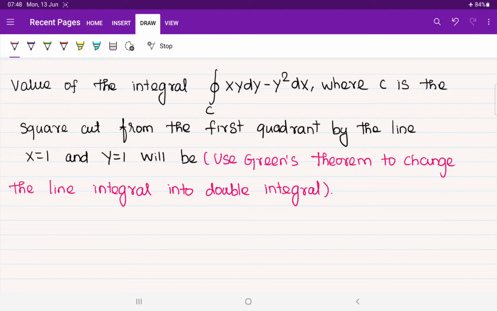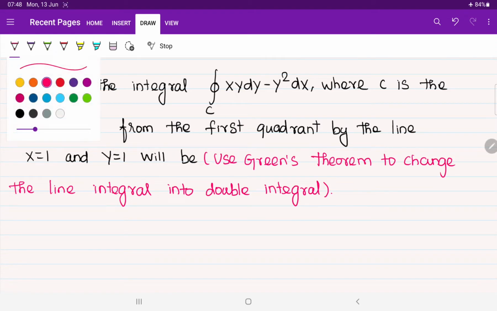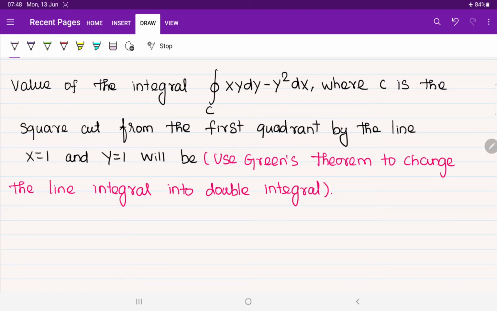Now if you observe the first question here, the given question is the value of the closed integral of xy dy minus y square dx, where C is the square cut from the first quadrant by the lines x equal to 1 and y equal to 1.